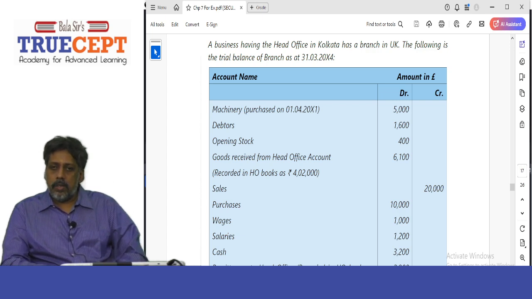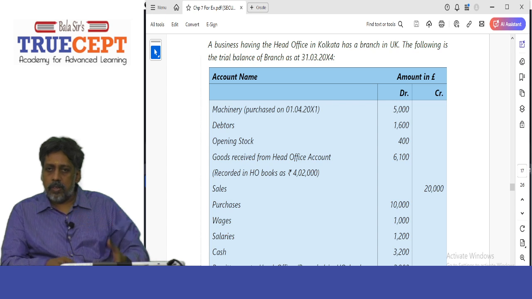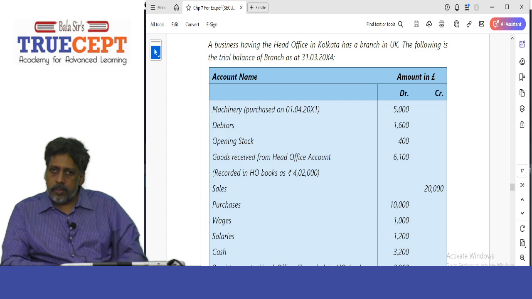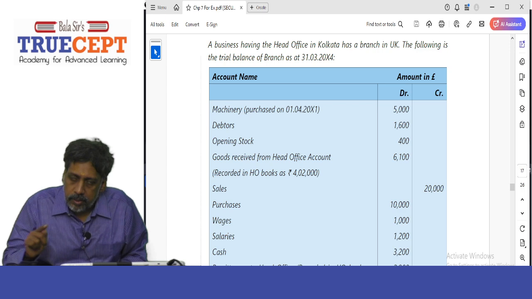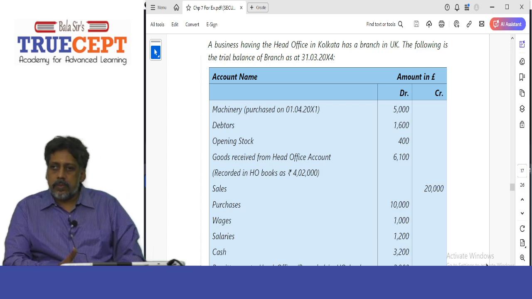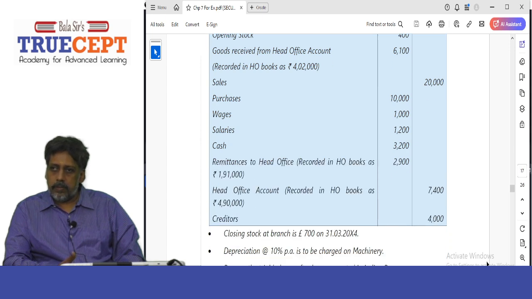Point to note, the 6,100 pounds of goods received by the branch from the head office, the value of these goods sent from the head office in rupee terms, we know, is 4,02,000. Next, sales 20,000 pounds. Purchases 10,000 pounds. Wages 1,000 pounds. Salaries 1,200 pounds. Cash 3,200 pounds.